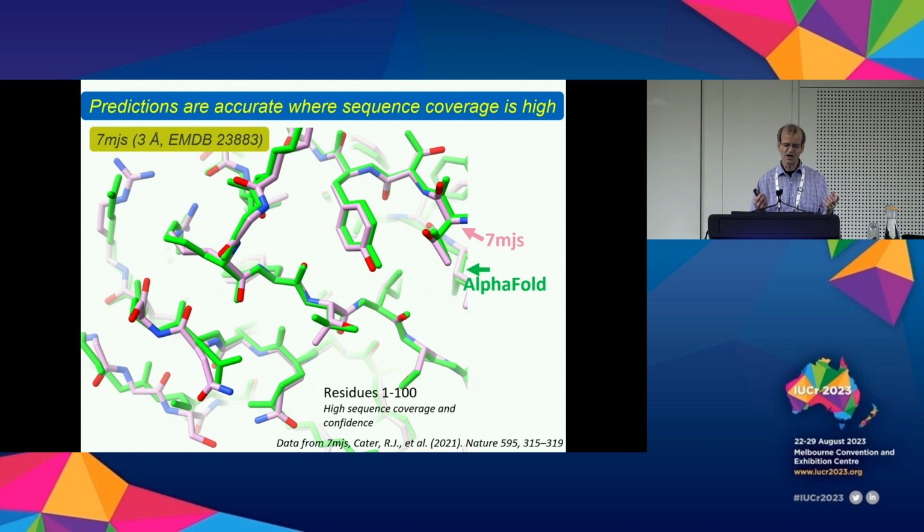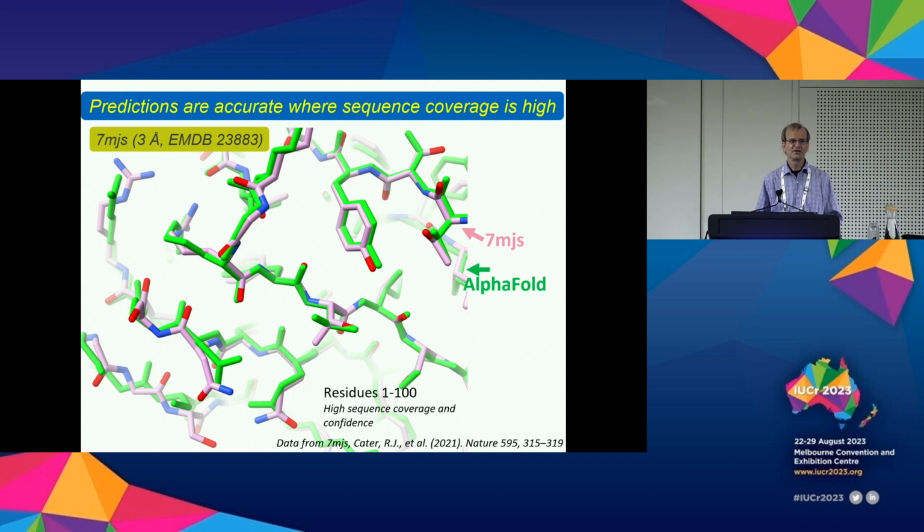This is the awesomeness of AlphaFold predictions. This is the high confidence part of the molecule, residues 1 to 100 of this chain. And it's not perfect in that it's not exactly the same as what is in this structure, but the prediction is amazingly similar.